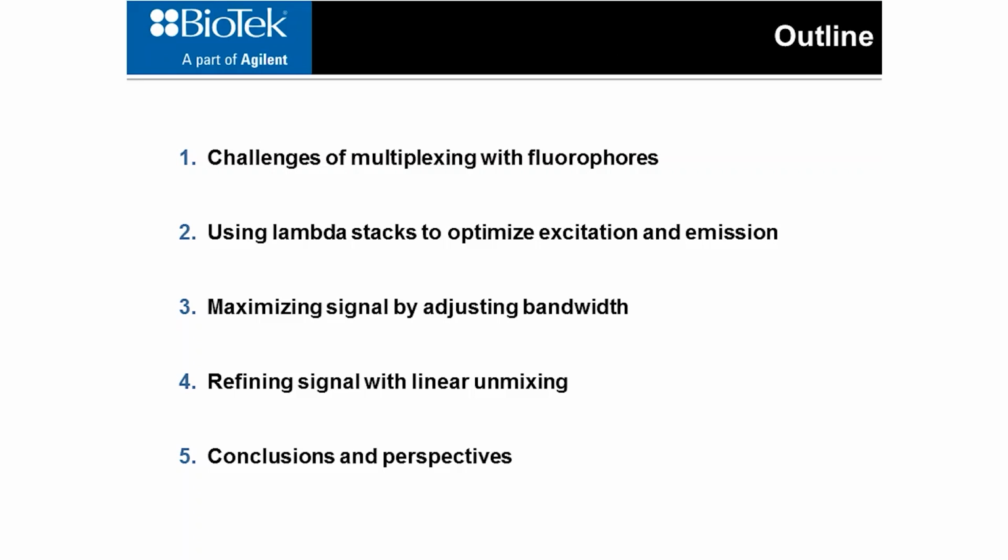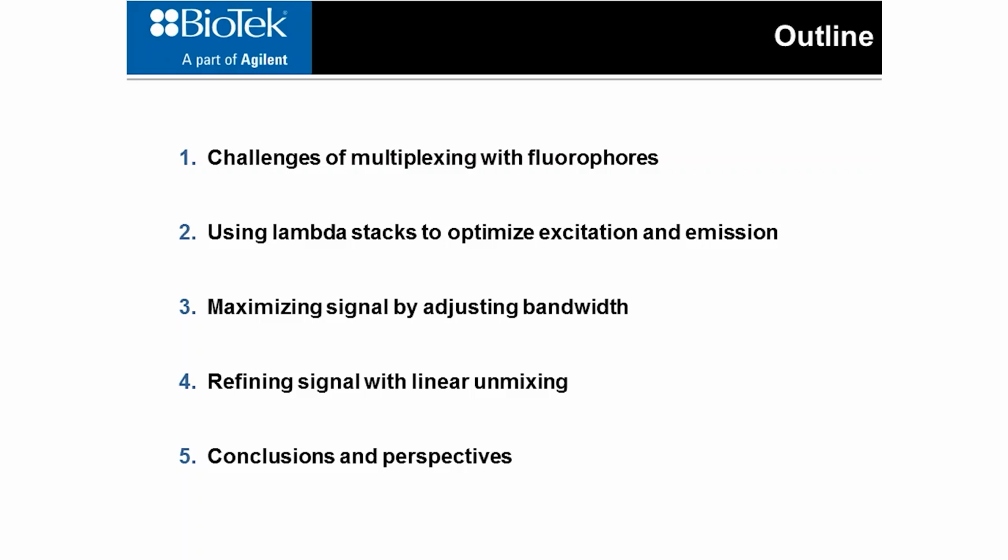This webinar will be broken down into a few different sections. In the first one, I will be touching upon a few aspects and practices that one should keep in mind when optimizing a plate reader-based assay using fluorescence indicators, such as fluorescent proteins and dyes. I will then be discussing the challenges of working with multiple fluorophores and demonstrate how to optimize the excitation and emission range by building lambda stacks, also known as spectral scanning.